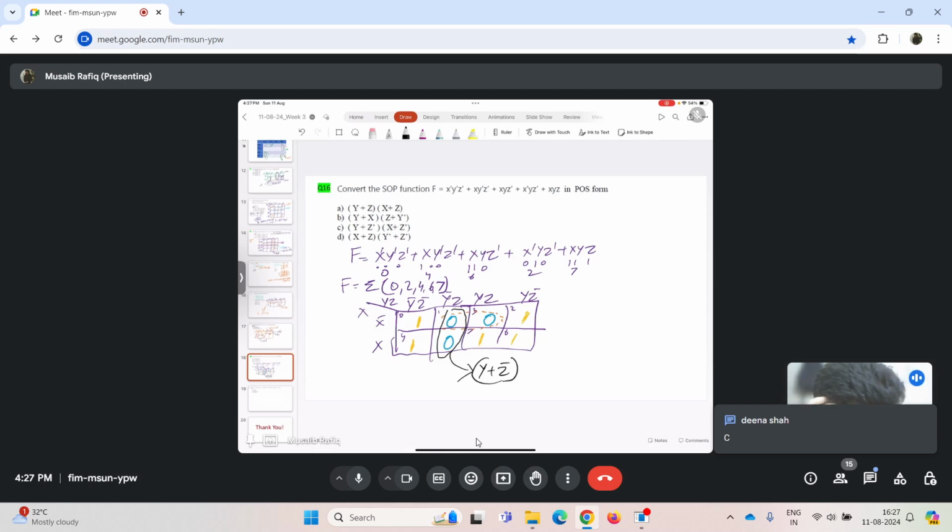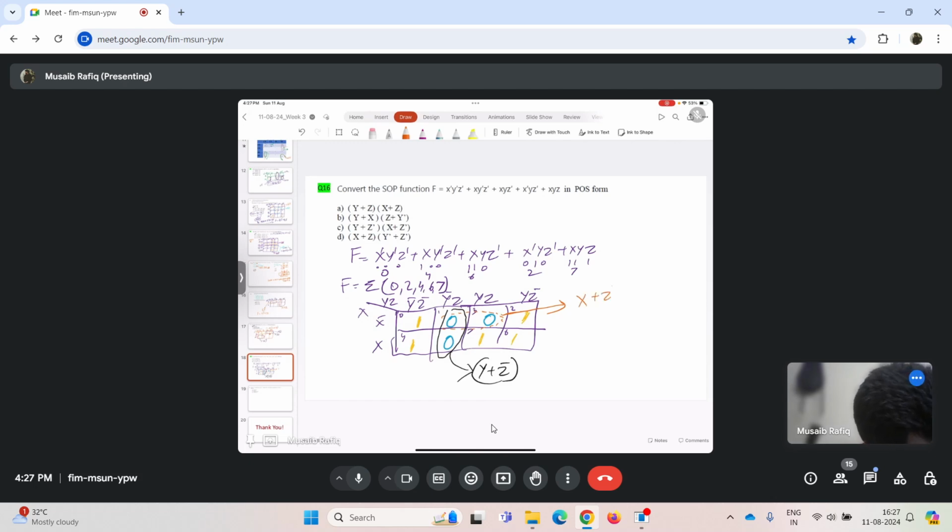And this right here would have been x bar z, but in POS form it will be x plus z bar. So my final expression will be f is equal to y plus z bar times x plus z bar. So option C, as many of you have written, is the correct answer.